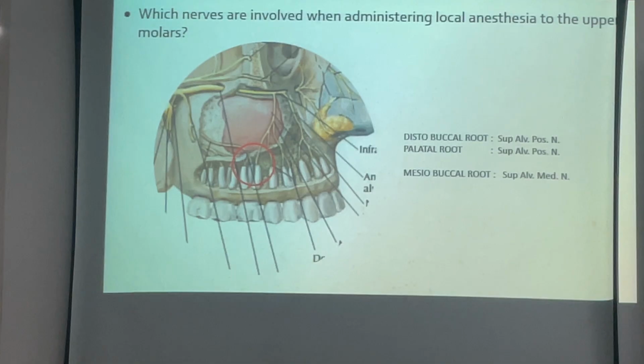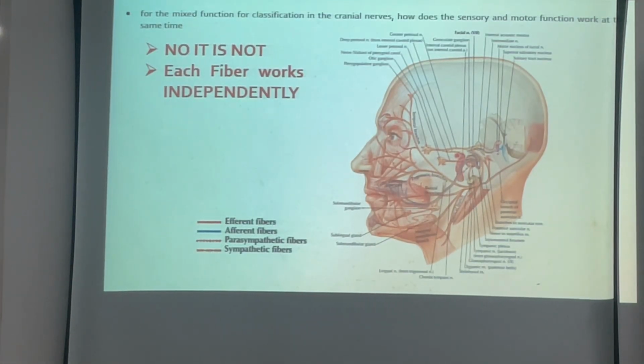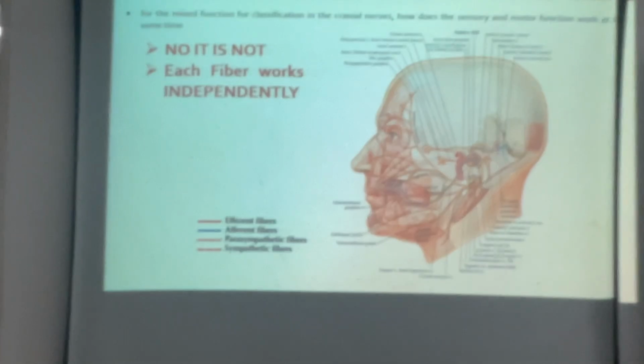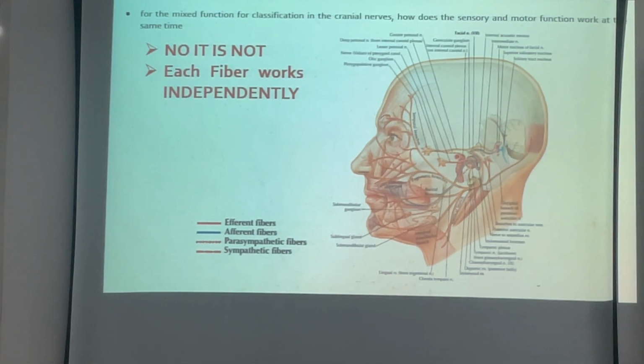And then, which nerves are involved when administering local anesthesia to the upper molar? I think I already explained this, right? I think your friend also drew the picture in front. And this is another question: for the mixed function classification in the cranial nerves, how do the sensory and motor function work at the same time?